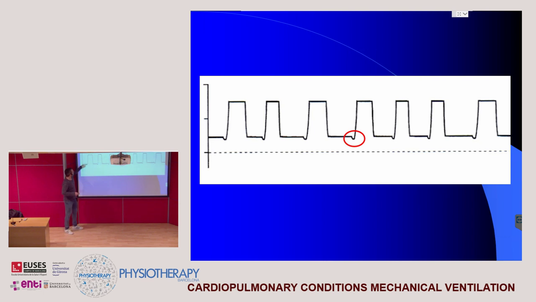This is an inspiration and expiration. This is the same. But if you see the length of the inspiration and expiration, it's not the same. So it means that it hasn't been delivered by the ventilation unit.